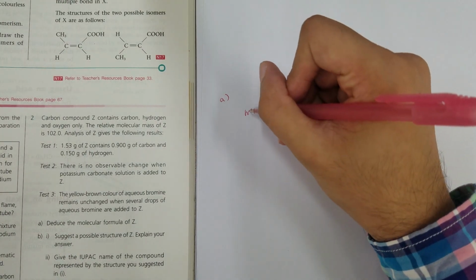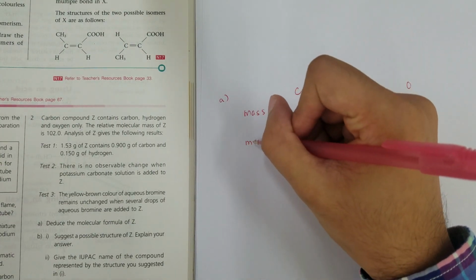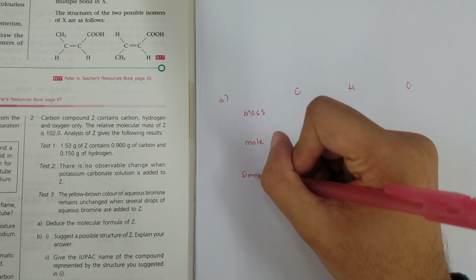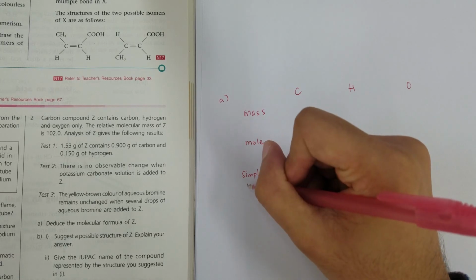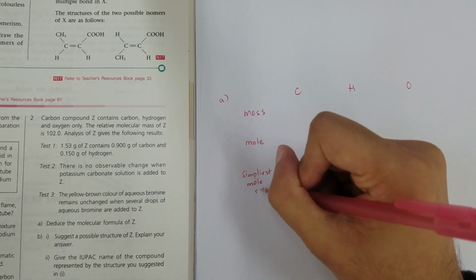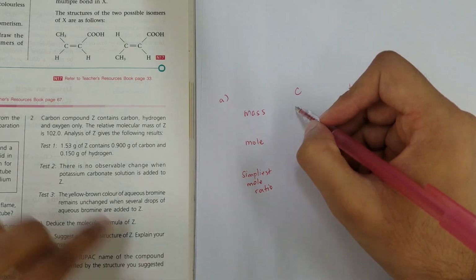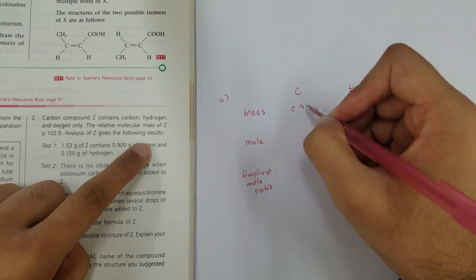So first we need mass, number of mole, and then simplest mole ratio. Okay, so for the mass of this one, we will check it's 0.9 grams for carbon.